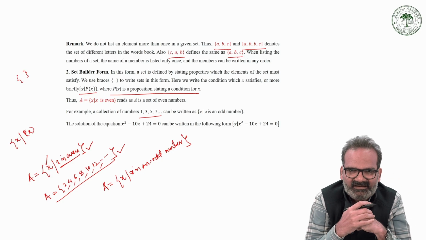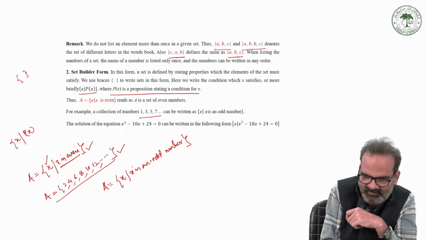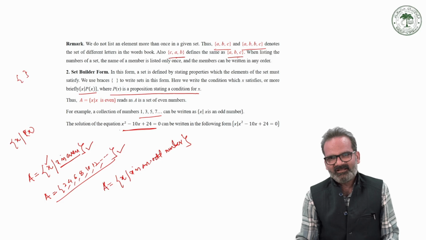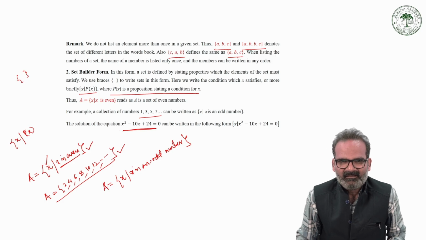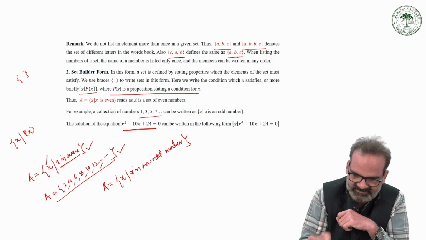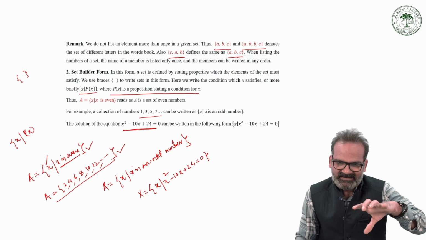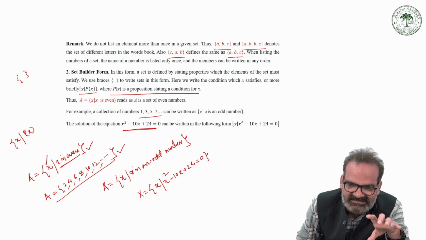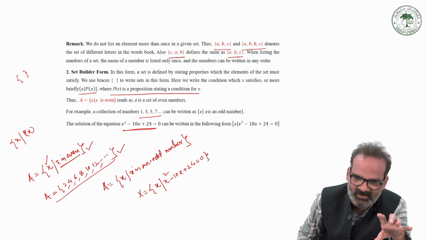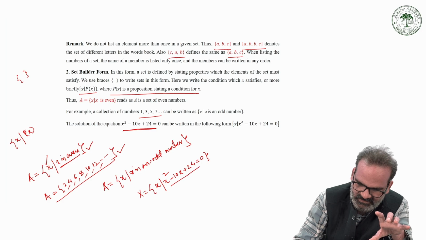Clear? The solution of the equation x² − 10x + 24 = 0. What does it mean? This can also be written in the form of the set X = {x | x² − 10x + 24 = 0}. What does it mean? The set X contains only those values of x which satisfy this equation.